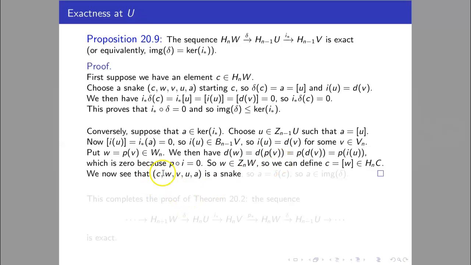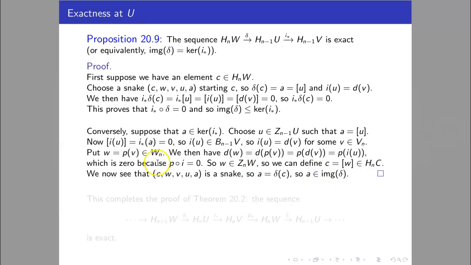So now we've built all this up step by step in such a way that this CWVUA is a snake. So this means, because we've got the snake like this, that A is going to be equal to delta C. To find delta C, we just have to find a snake starting with C, and then the end point is delta C. And here's our snake, and it ends with A, so A is delta C. So in particular, A is going to be in the image of delta by this equation here.